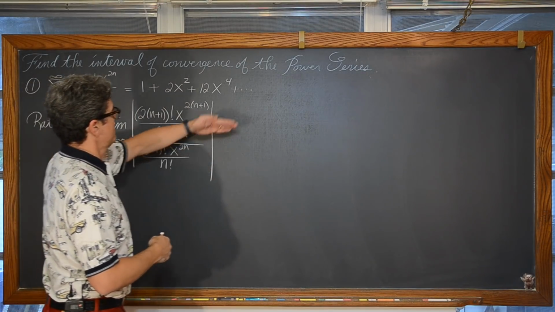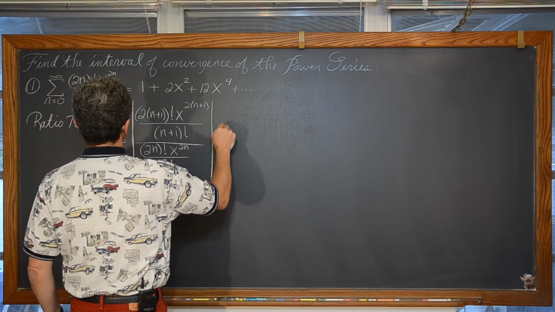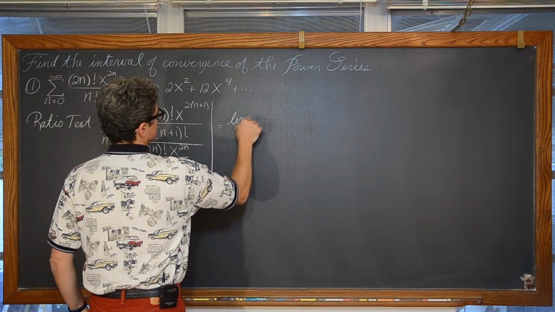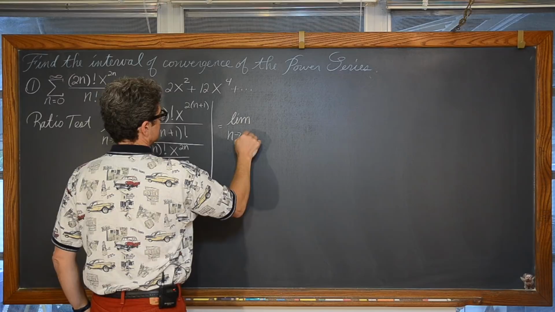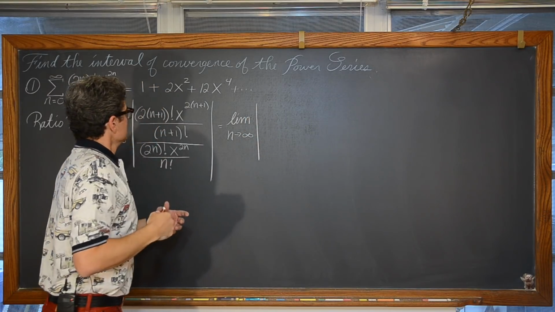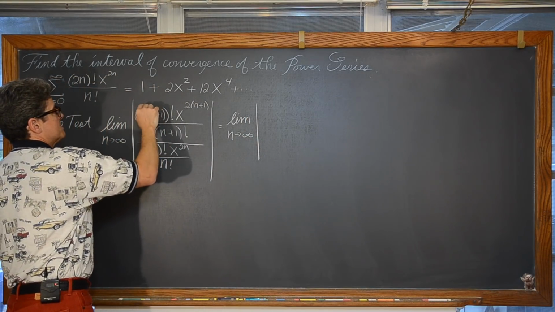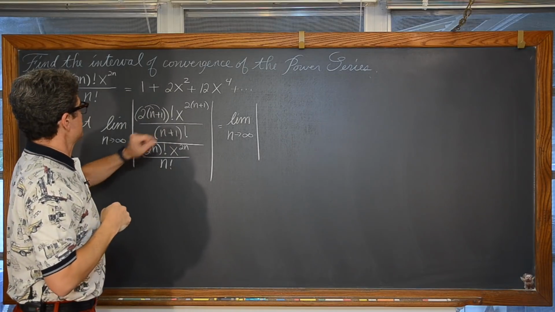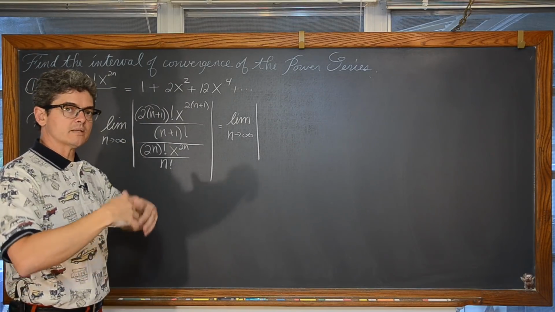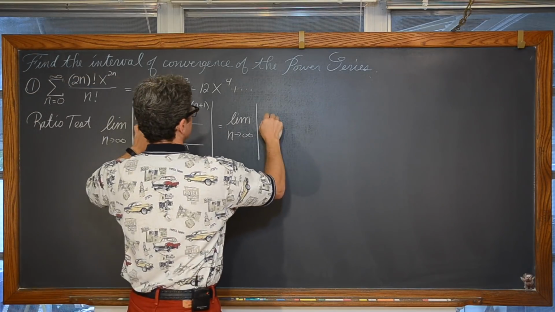We're going to take this denominator and flip it up. We're also going to distribute this 2 through the parentheses of n plus 1 and expand that factorial.